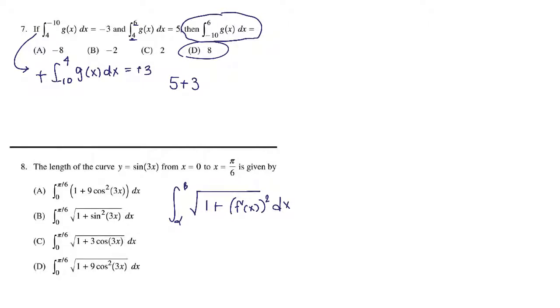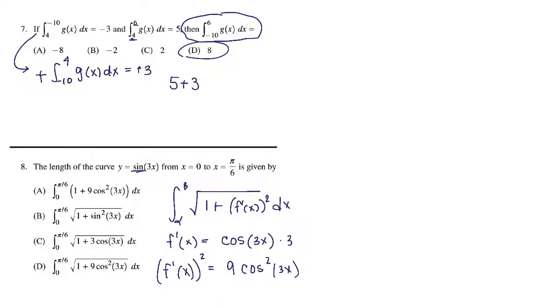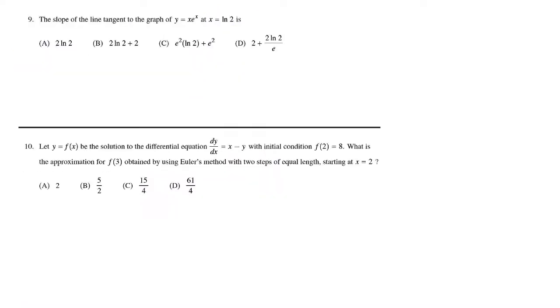And so for here, the biggest thing that we have to remember is when we do the derivative, the derivative of sine is cosine of that angle, but it's also times the derivative of that angle. And then if we square f prime of x, that's going to give me 9 cosine squared of 3x. And so that answer choice should be D.